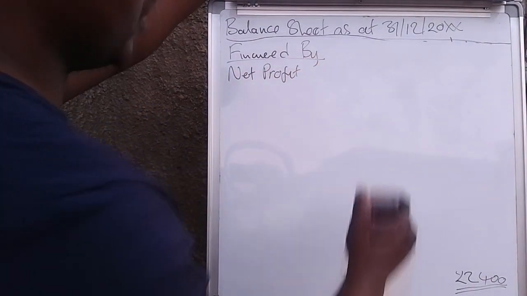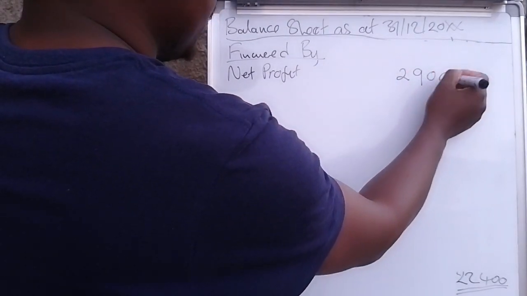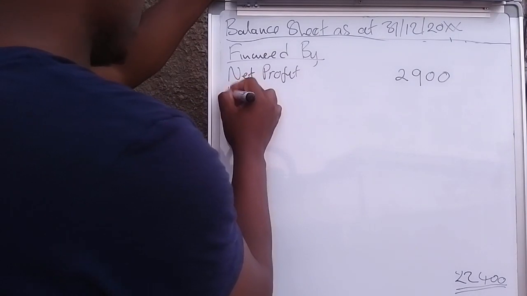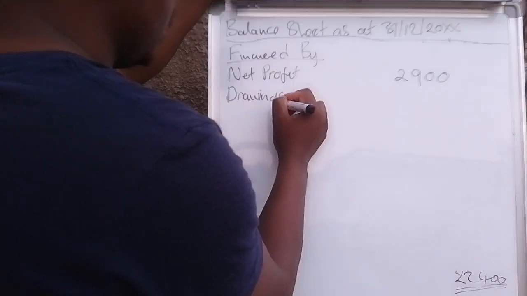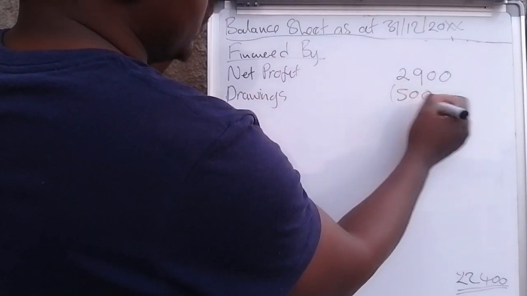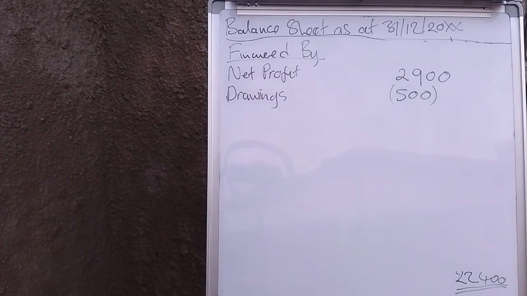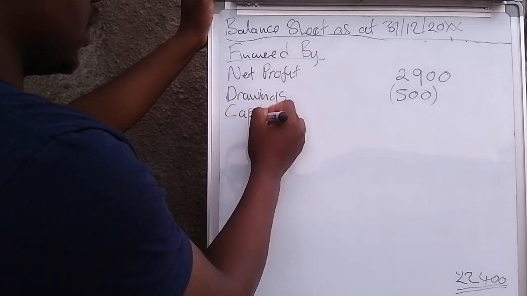The net profit was 2,900, but there were also drawings. Drawings were 500. Drawings reduced the value of our capital, so we deduct them. We also have our capital, which was 20,000.